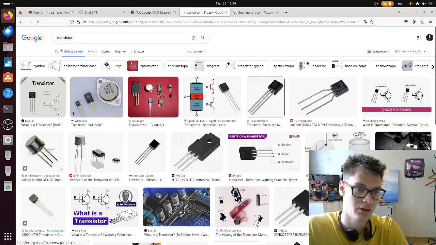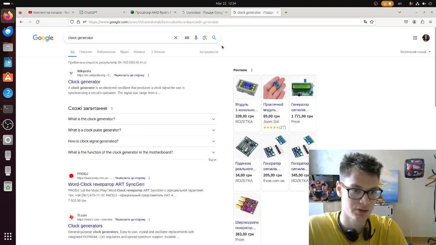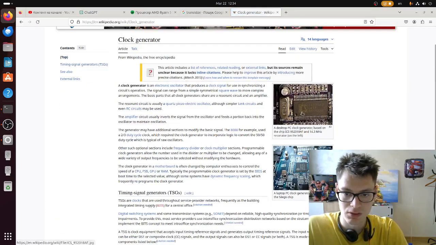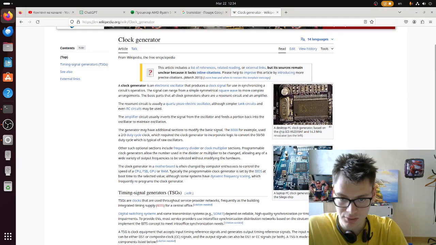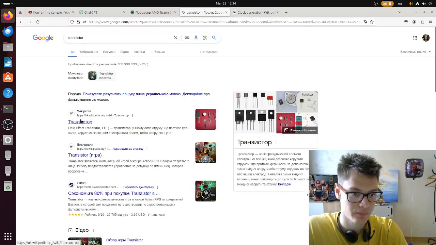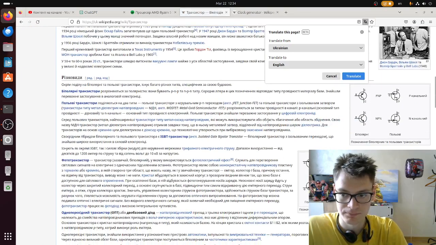We know that in processors they're extremely small, but in general, what is a transistor and what is a clock generator? So I hope here will be, oh nice, a desktop PC clock generator based on the chip IC. Oh my god, too hard for me. Really too hard.